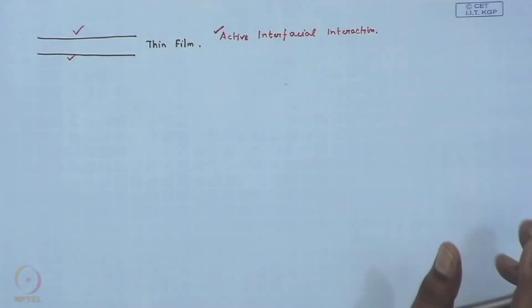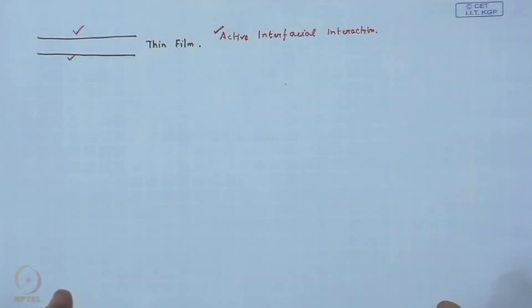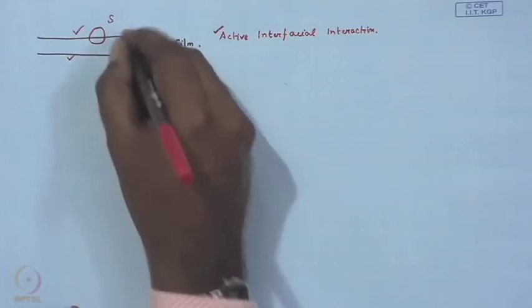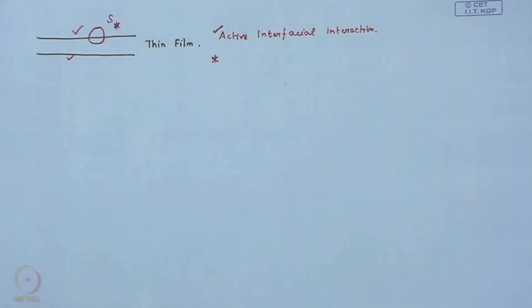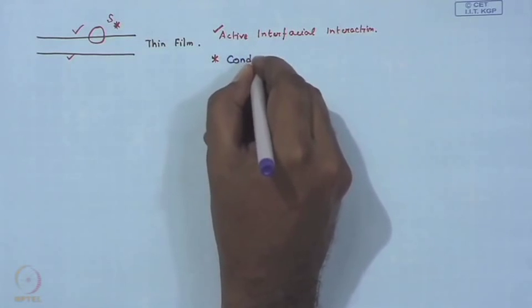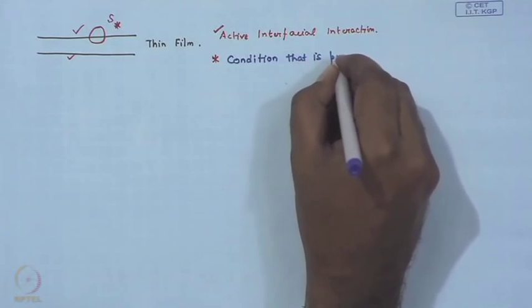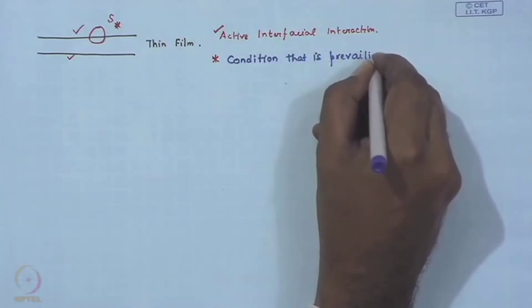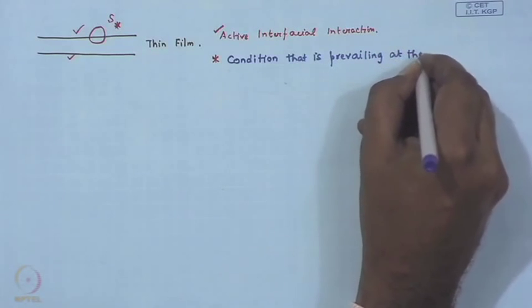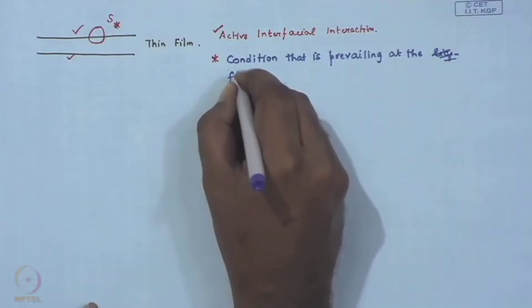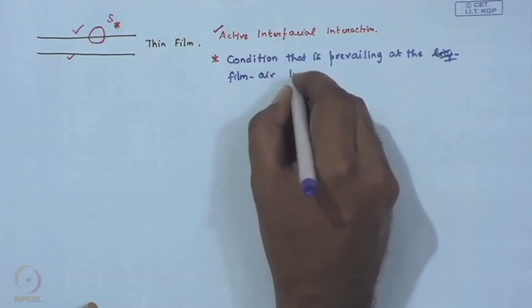Now, in order to understand what is the origin of this spontaneous instability, we need to understand the condition that is prevailing at the liquid or the film air interface.